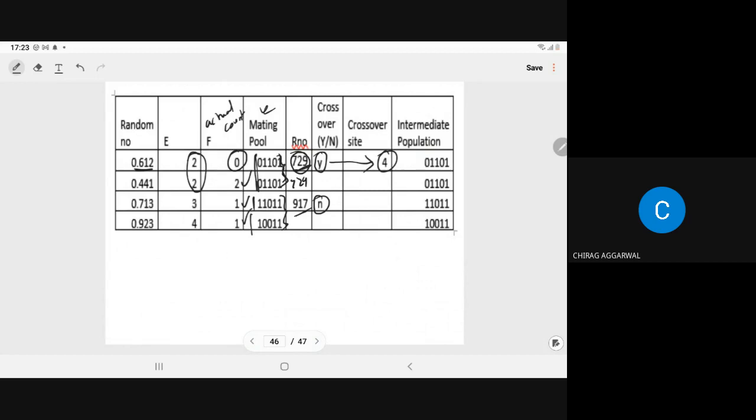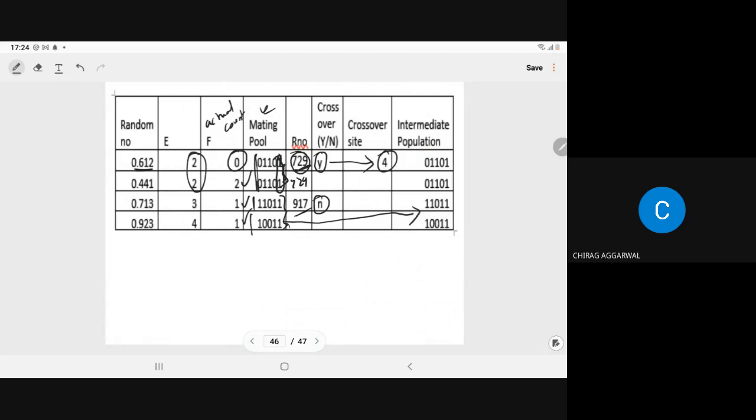When the crossover site is 4, we have to exchange the information after the fourth site. Coincidentally both are one, so the same will come, and this population will come as it is.